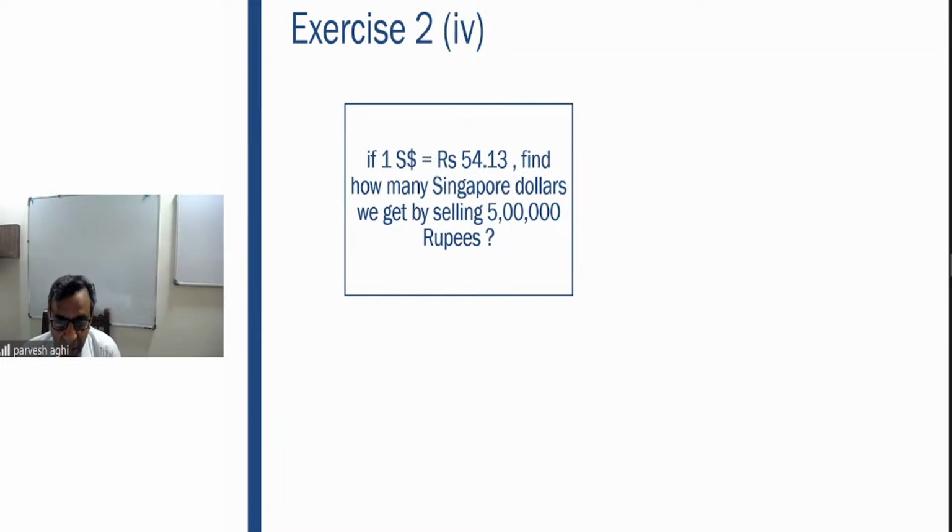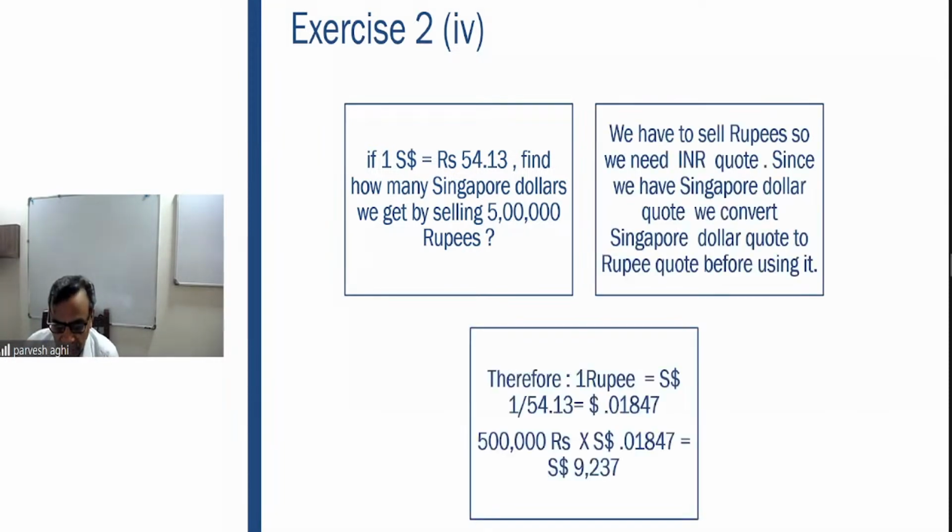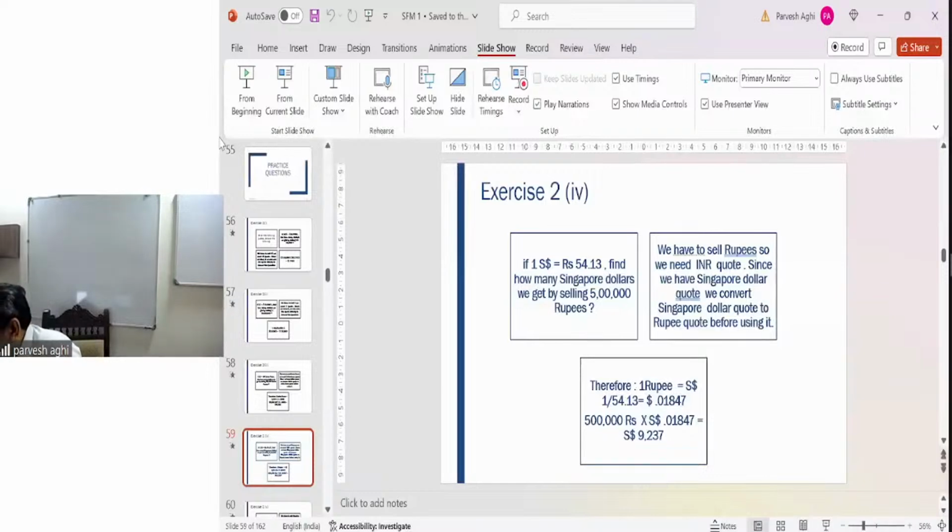Again, in this case we have the Singapore dollar quote, so we have to convert that into a rupee quote. Either we convert, or we make 5 lakh divided by 54 and we'll get the answer. 9,237, absolutely right. I think others would also be giving the same answers.